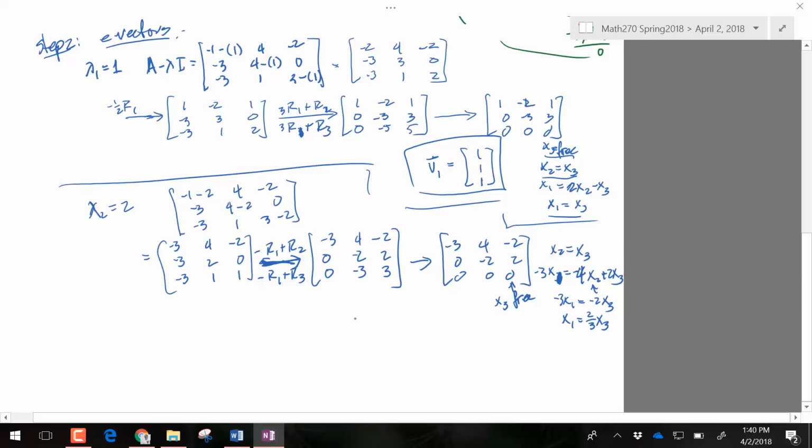Now, because again we're trying to make this look a little bit nicer for us, your x technically would look like this. It would be 2/3 and 1 and 1, right? Times x3.